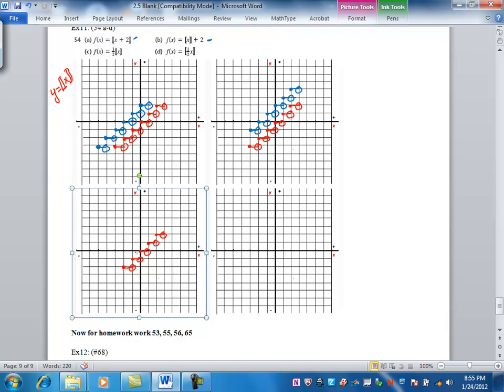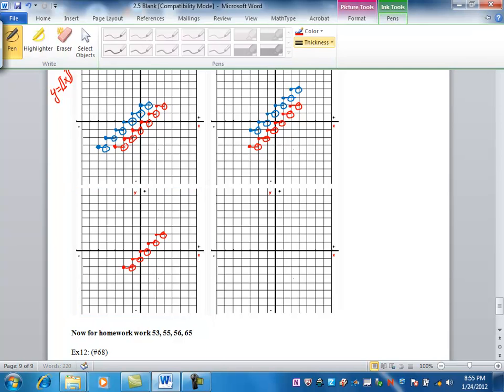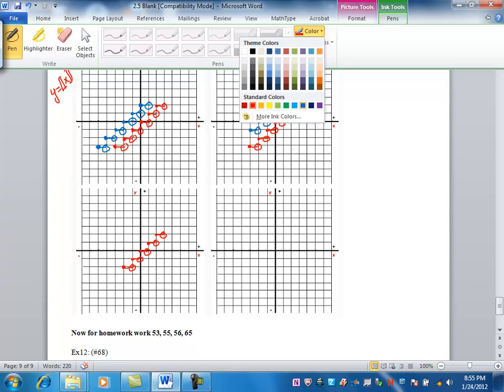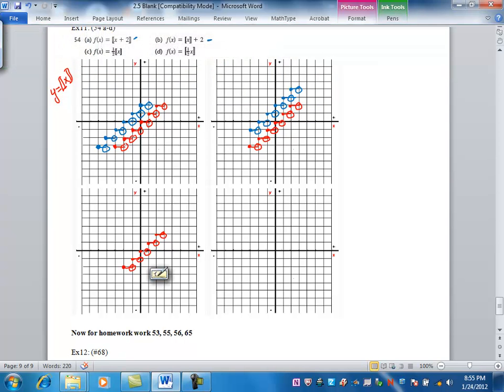Alright, and now notice what we're doing each time. We're actually multiplying the y value by 1/2. So we're going to take each of these y values that we have here and multiply by 1/2.